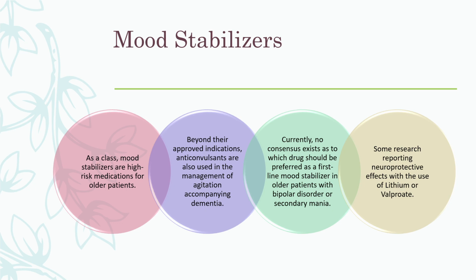Now, there's no consensus exactly, though, if we're using this as far as bipolar. Which drug are we preferring first as far as a first-line mood stabilizer in older patients with bipolar or mania? That has not had a consensus of which drug is, hey, this is going to be the one that you need to use first line. But we know that they are still used.